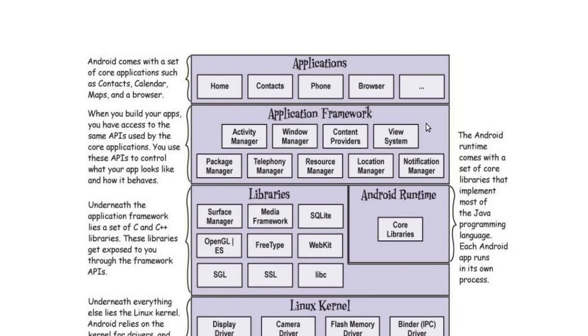Then we have the application framework. That is basically some APIs that are used by the core applications. You can use these APIs to control what your apps look like and how they behave. To work with this application framework, we need to access the activity manager, window manager, package manager, telephony manager, and resource manager.